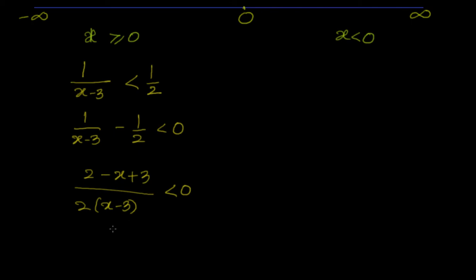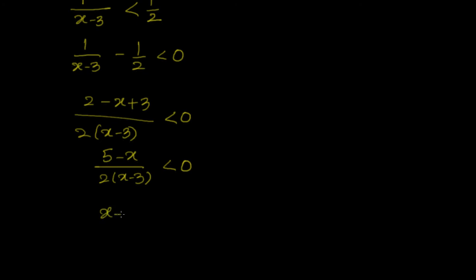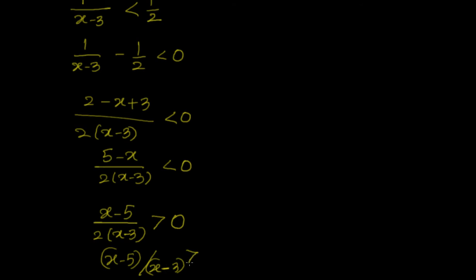That is nothing but 5 minus x by 2 into x minus 3 less than 0, which I can again take forward and say x minus 5 by 2 into x minus 3 greater than 0, or I can also say x minus 5 divided by x minus 3 is greater than 0, because when you are multiplying by 2, it's already positive. So our solution should be x minus 5 by x minus 3.